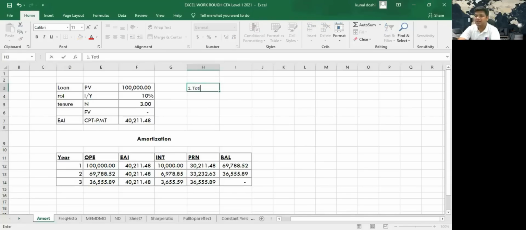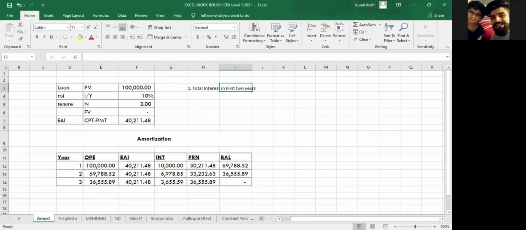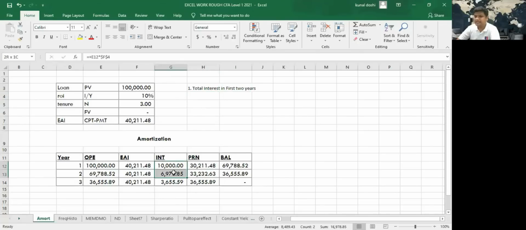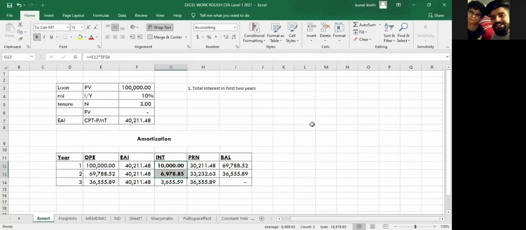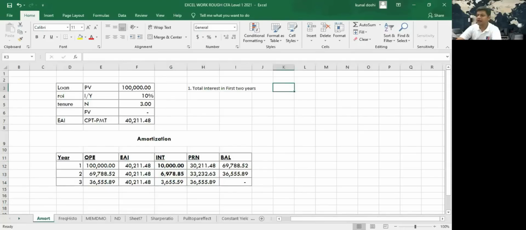Total interest in the first 2 years. Can you tell me how much it is? 16,978.85. Yes, that is the total of these two. So I'll write here, it is 16,978.85. Correct.